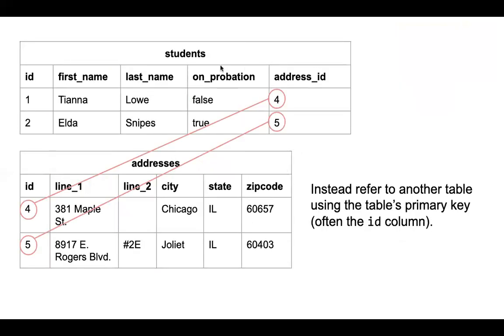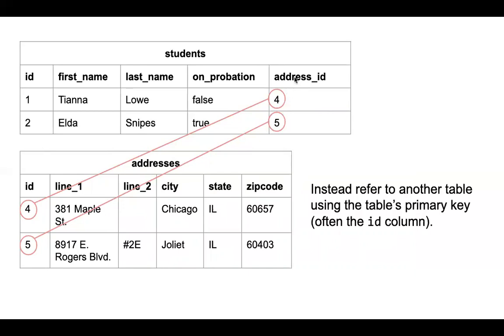In this case, each student has an address ID that points to the primary ID of an address row, which is usually the ID column, because the ID column is always unique. Therefore, you won't get any issues of people getting pointed to the wrong one, hopefully, or something with a similar one. And so in this case, we could have given each address a student ID, or given each student an address ID. It can go either way in that case.